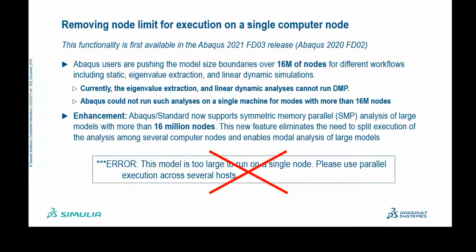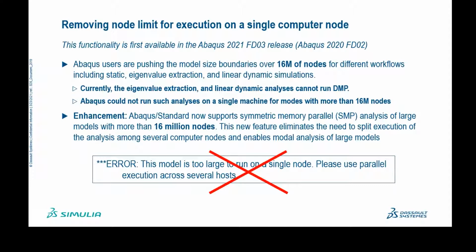One of the nice improvements that I personally like is to remove the node limit for the execution in one singular compute node. This is a very common misunderstanding of the size of the model versus the capability of the solver itself to run it.